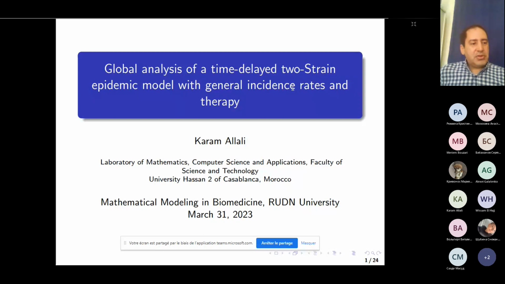And of course, for the model, we will take into account the time delay for each strain in order to describe the evolution dynamics of the infection.